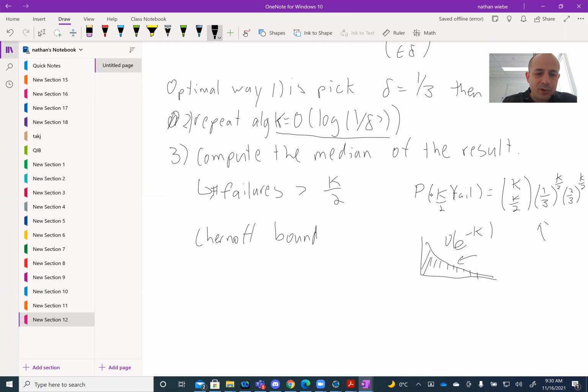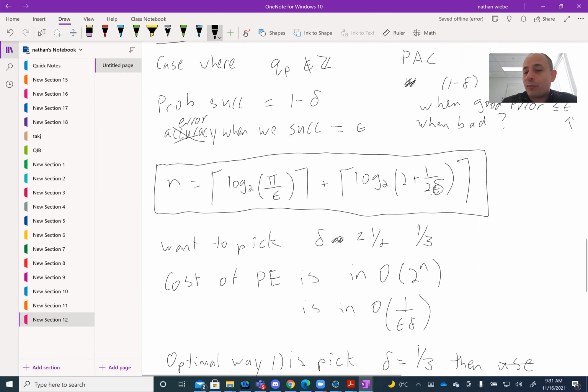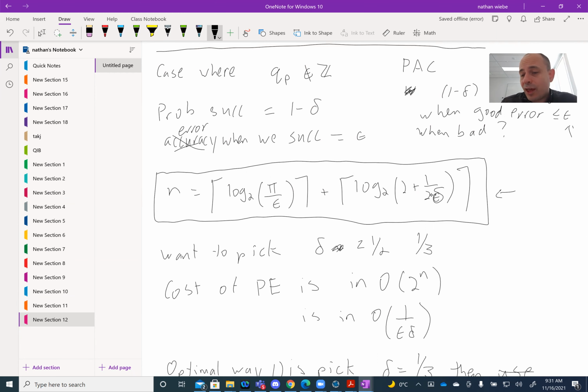So this implies that the cost goes like log 1 over delta divided by epsilon. Okay, cool. So that's how you would actually do it in practice. But for a single run, this is kind of the best formula for us to work with.